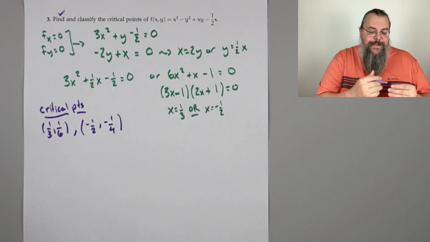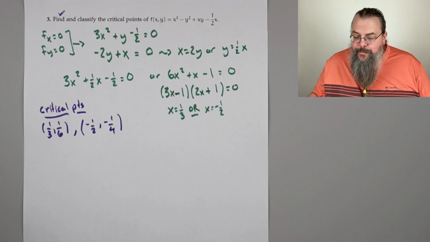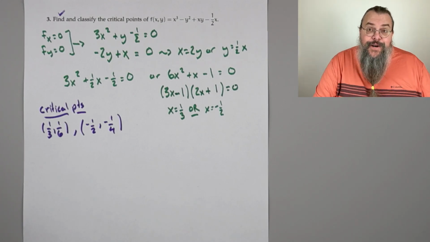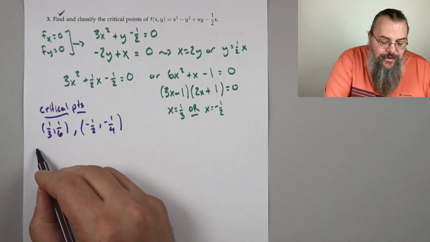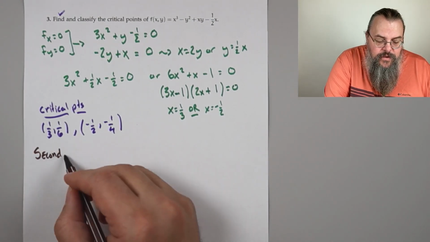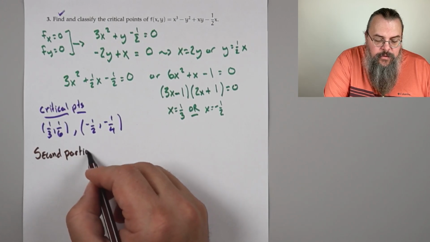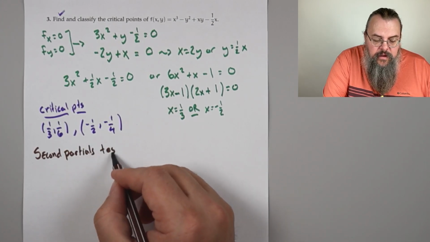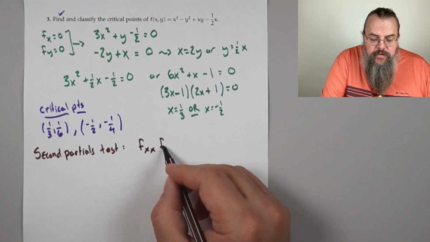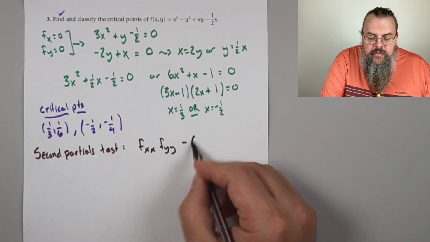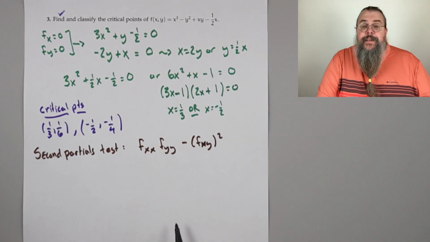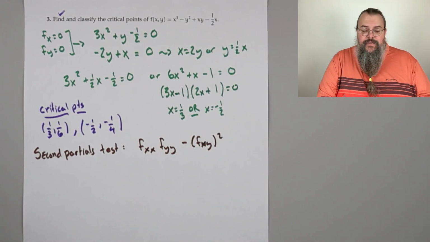Now to classify. Now how do we classify? Well, for classifying, we do what's known as the second partials test. So we're doing second partials. Cool. Now the way that this works is we're going to look at f_xx f_yy minus f_xy squared. There's a couple of possibilities.